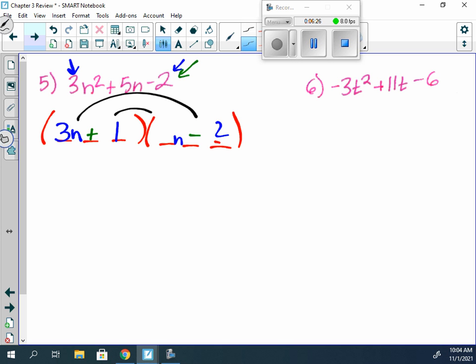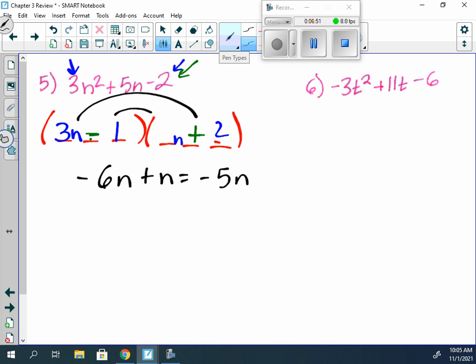Last thing we'll need to do is check. So 3n times negative 2 would be negative 6n. 1 times n is plus n, which gives us negative 5n. Is that what we wanted? Yes, if we get the correct number but the wrong sign, we can change the signs.